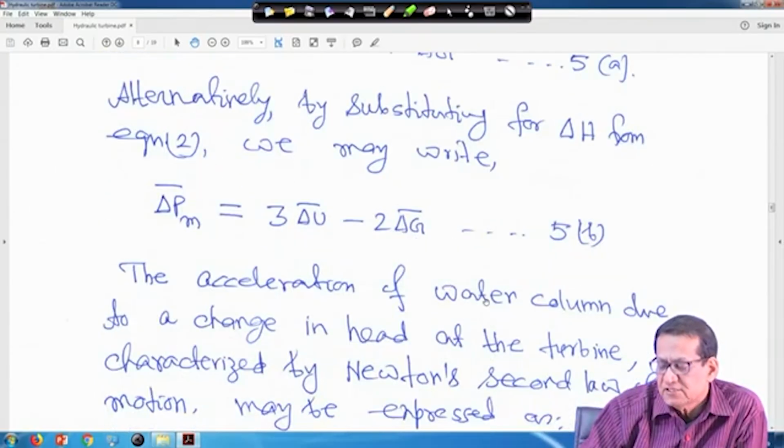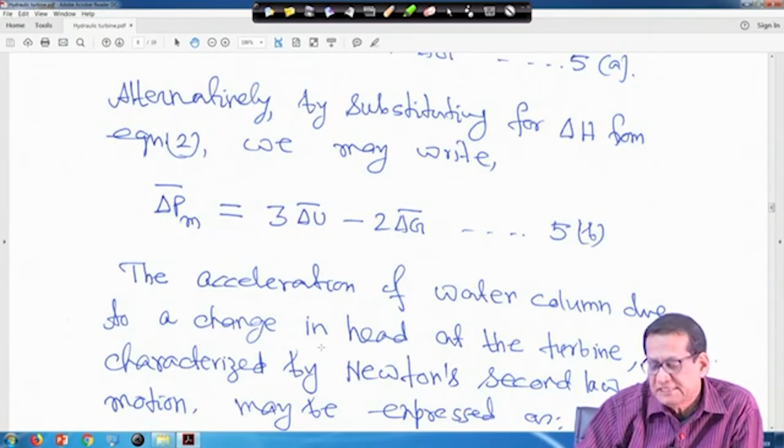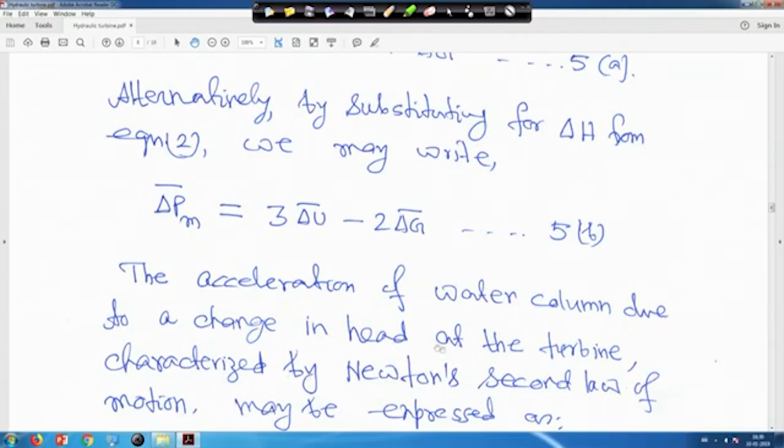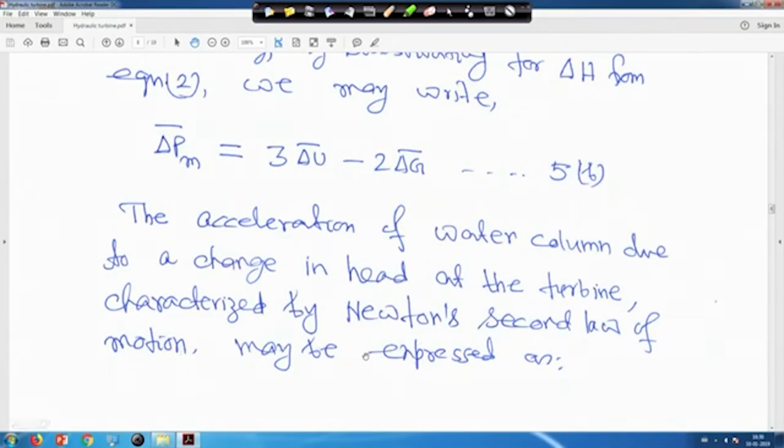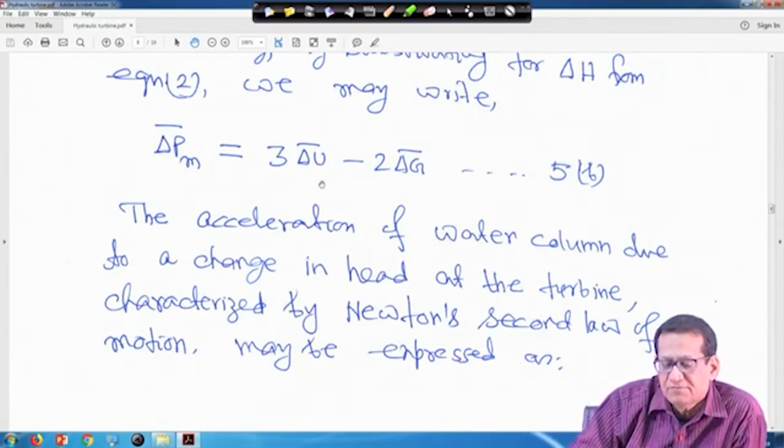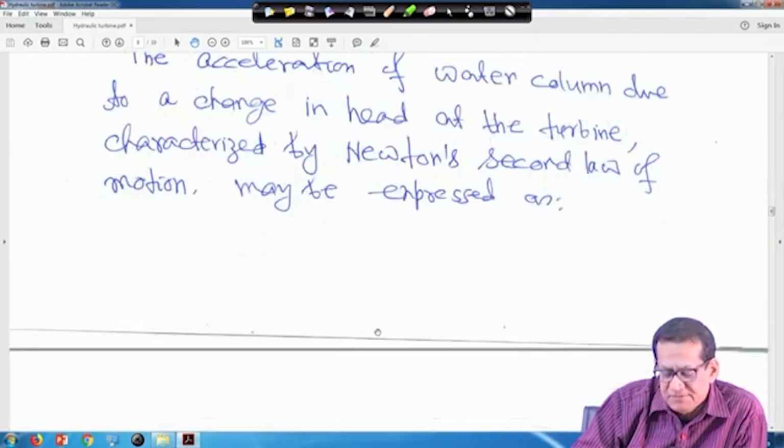Now, the acceleration of water column due to a change in head at the turbine, characterized by Newton's second law of motion, may be expressed as... So, now we have to determine the modeling of hydro turbine.